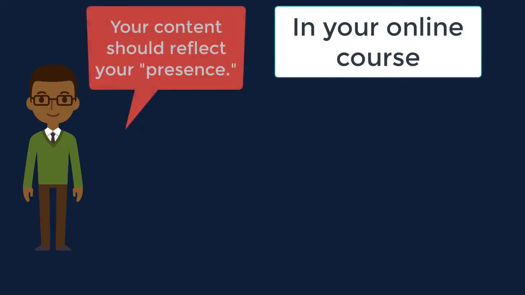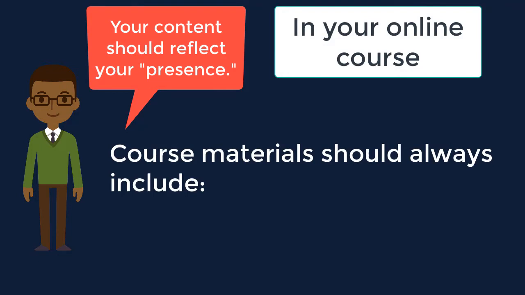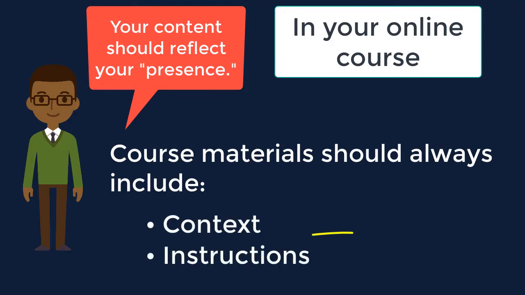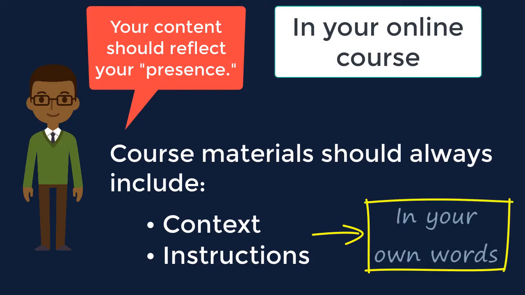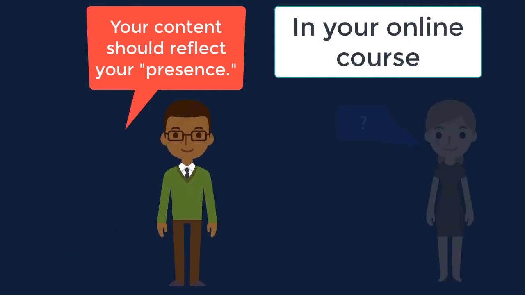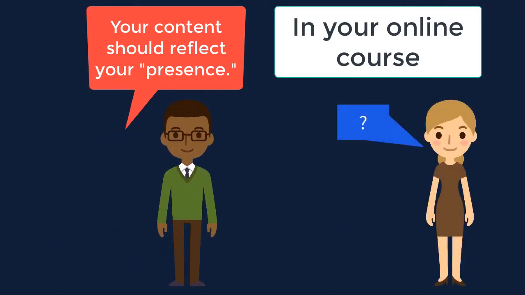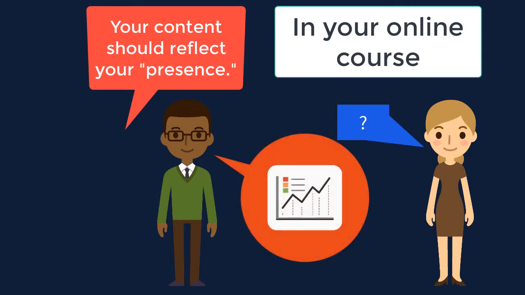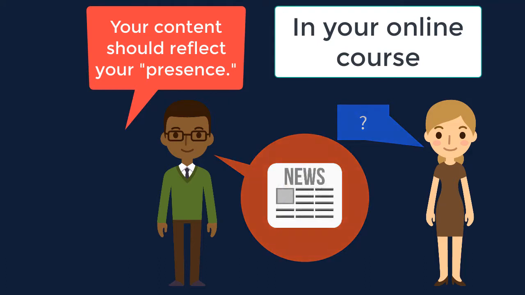First, your content should reflect your presence. This means that your original course materials should include important context and instructions written in your own words. In a face-to-face course, you would explain the relevance of the readings and assignments during class time. You offer your original thoughts, interpretations, and additional explanations if needed.